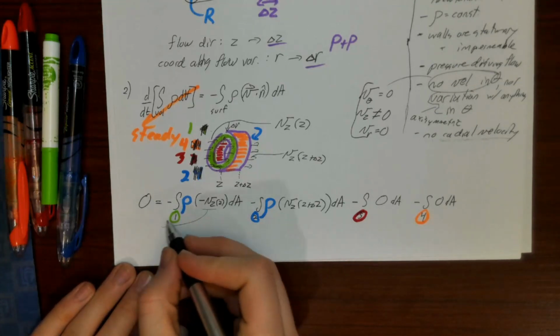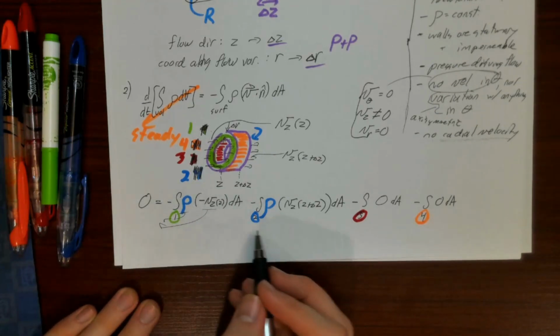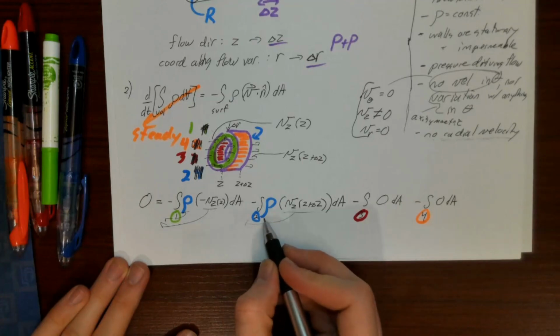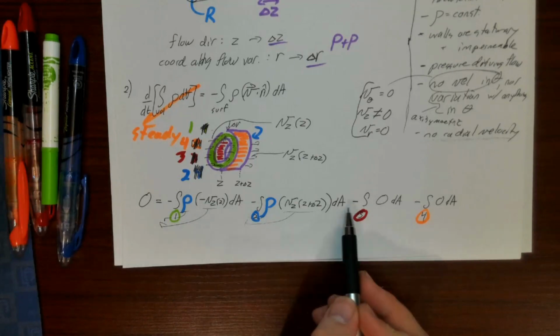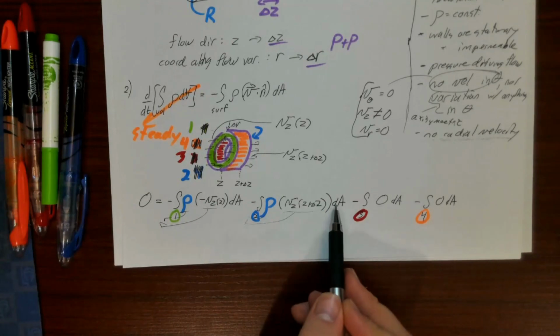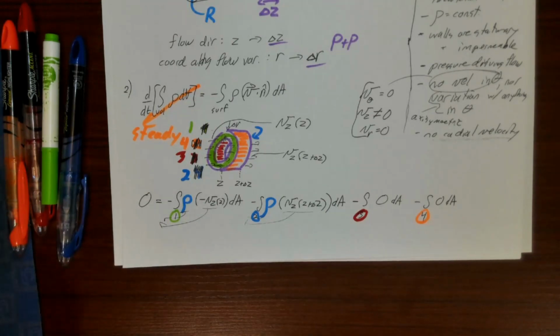So what does that mean? We can pull this stuff out of the integrals, both here and here, and once we pull out rho and these velocities, we're left with just integral dAs, which just becomes the areas themselves.